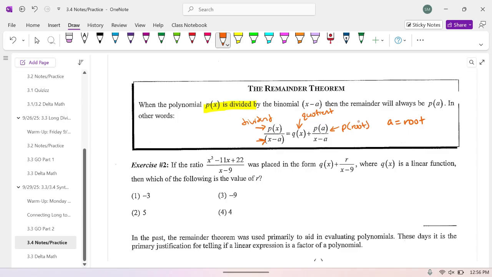In other words, you plug in your root for x, which is also a fancy name for your remainder, over x minus a.